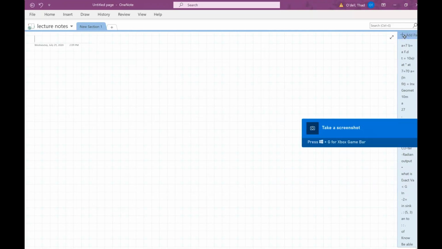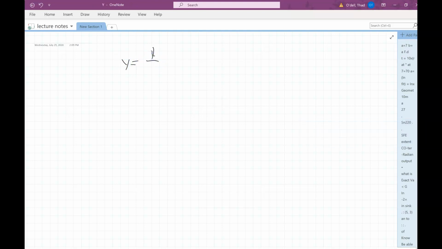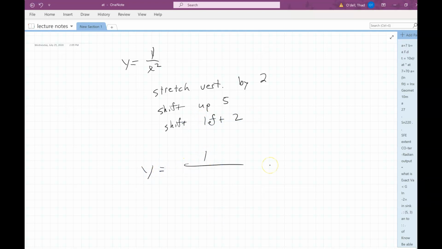Let's say that you have y equals 1 over x squared, and you want to stretch vertically by 2 and shift up 5 and shift left 2. So my parent function is y equals 1 over something, and that something has to be squared, right?